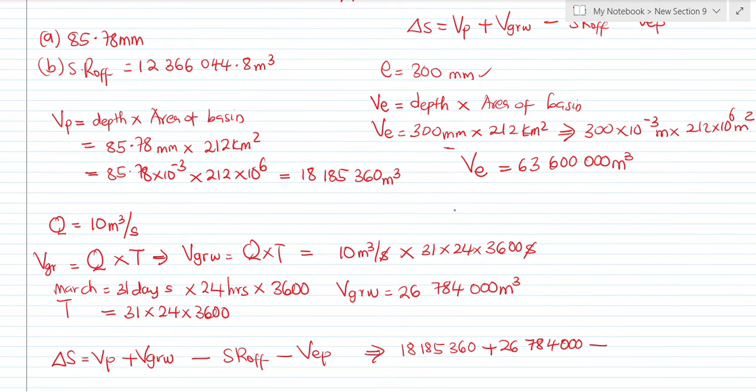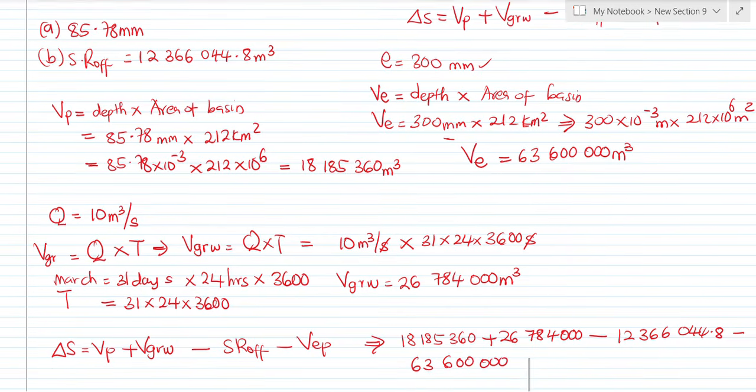Let's go and check. Surface runoff is 12366,044.8, minus then volume of evaporation, that is 63600,000.